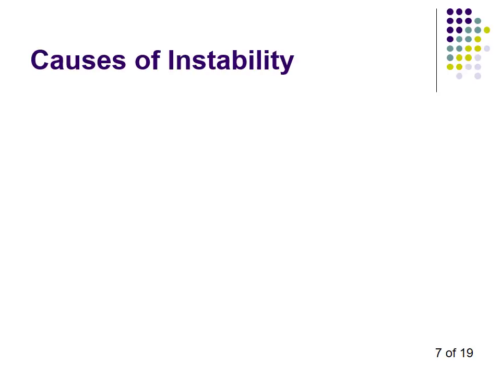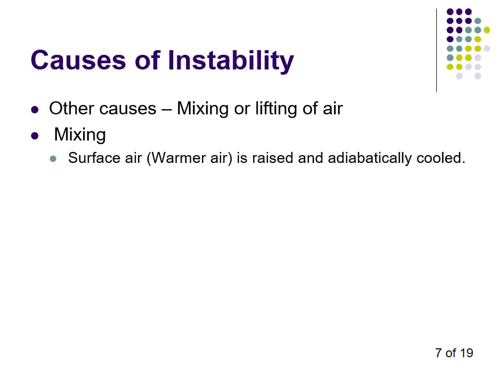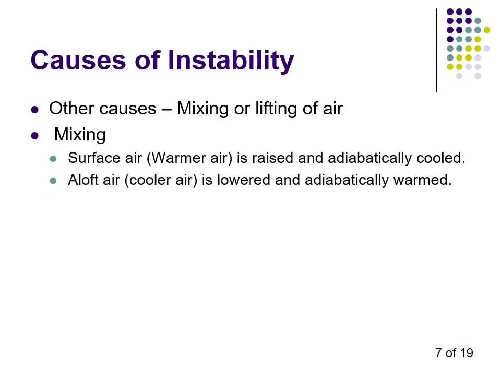All right, some other ways. Another cause is mixing or lifting of the air. So let's look at mixing. If we mix the air, basically we have surface air, which is warmer air, and it is raised and adiabatically cooled. The air aloft, which is colder air, could be lowered, and it would be adiabatically warmed.